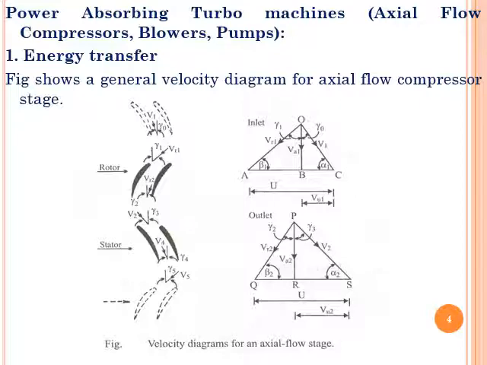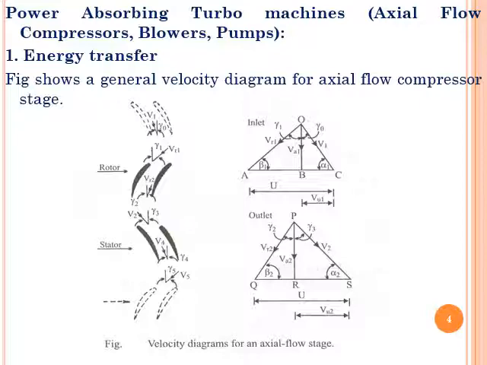Next, one more set of angles is mentioned here, gamma naught and gamma 1, and in a similar manner at the exit velocity triangle, gamma 3 as well as gamma 2.